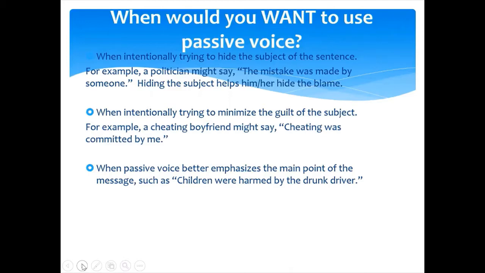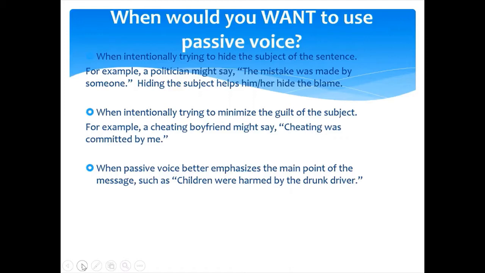You might not be informed of that in one sentence because maybe that sentence was extracted from a large paragraph or maybe a book. So we don't know the context, we might not know the subject. In that case, you can use passive voice.